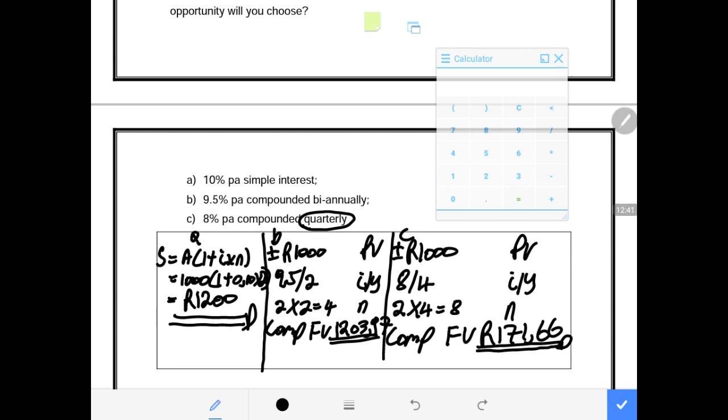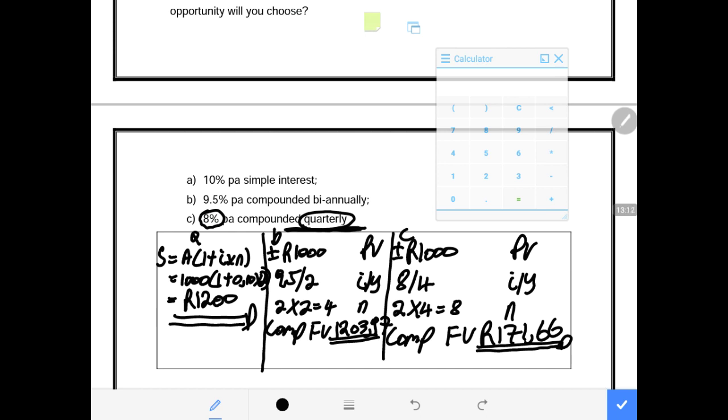We can say that although the interest rate is less, because of the frequency of compounding in a year, we end up earning more interest and having a bigger amount at the end of the 2 years, because every 3 months we get interest and add it back to the balance we had at the beginning of the period.